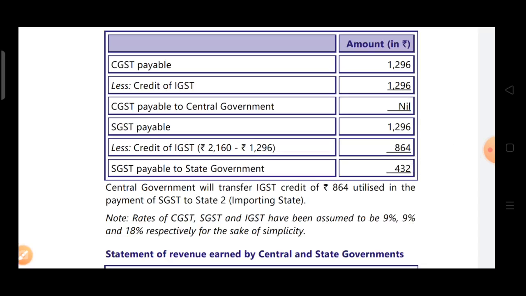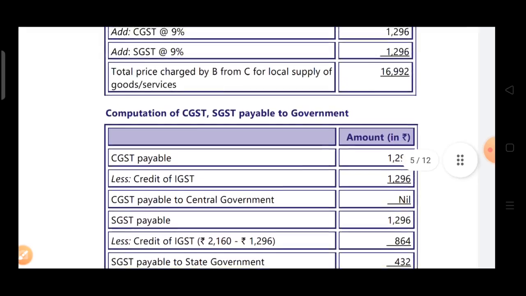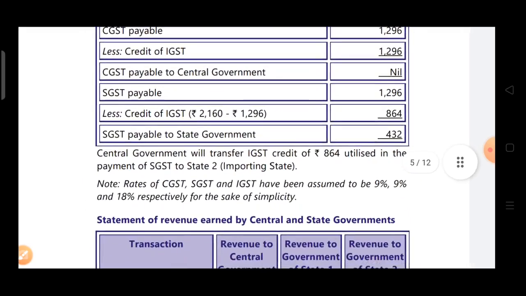Now what is the remaining IGST credit? 2160 was the total IGST credit and we have deducted 1296 because it is already set off against CGST payable. So net IGST credit is 864. So less credit of IGST 864, the net SGST payable to the state government is 432. So ultimately in this case the supplier has to pay to the state government only 432.